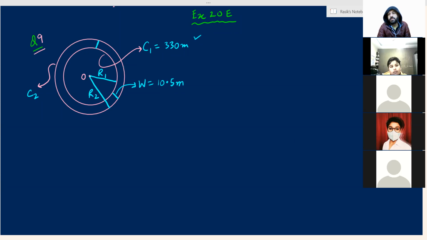It is not given in this question, so after finding R2, we will find C2. Then after finding C2, you will find the cost of fencing. The rate is given, ₹20 per meter, so you will multiply the circumference by 20 to get the total cost of fencing. Clear? Start doing the question, all of you, and post your answer in the group after completing.